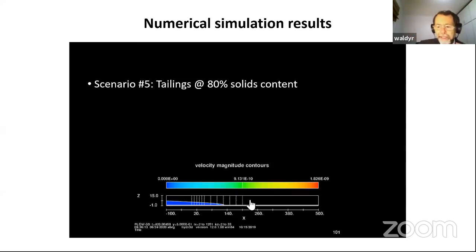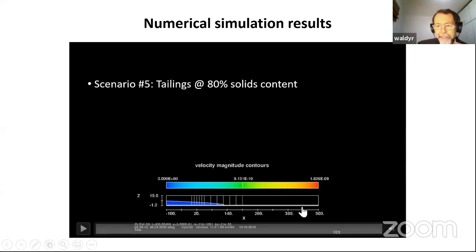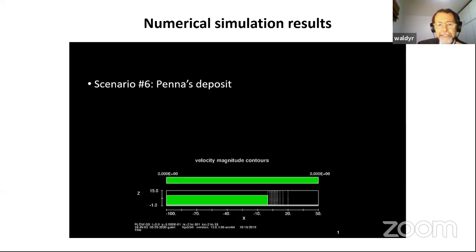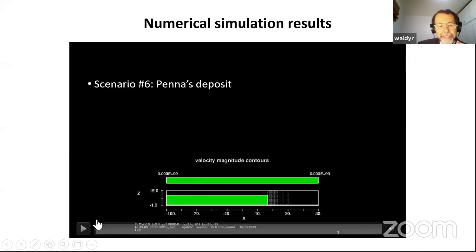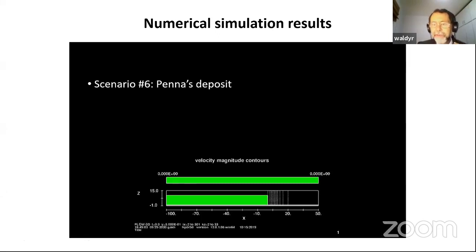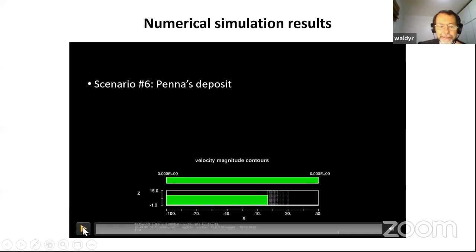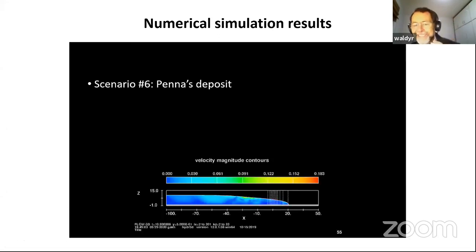The last one is my former student's case with the data. Oh, sorry about that. And then we see, we changed the scale here just to see what's going to happen. And then we have the landslide in this case.